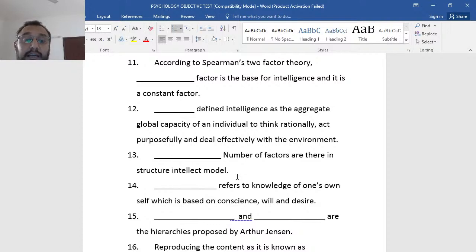Now presently we have 180 factors. So you need to focus only on the current version, which is there in your syllabus. We have 180 factors in intelligence according to the structure of intellect model: 6 operations, 5 contents, and 6 products. 6 into 5 into 6, 180 factors are there in intelligence.